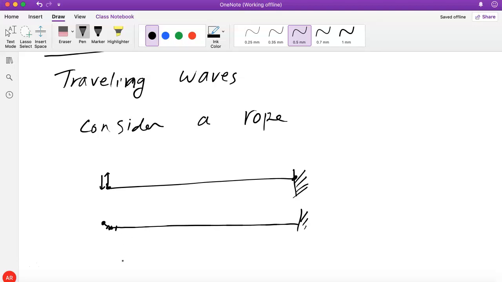Roughly speaking, if you've pulled up this end, if you think about the tension on this little piece, because you've pulled this up, you've caused this angle in your rope, so the tension to the right should be, so let's say that's our piece of rope.